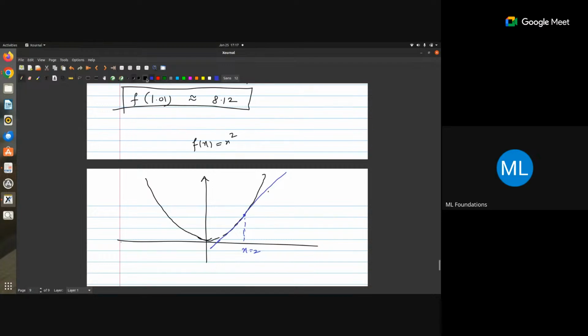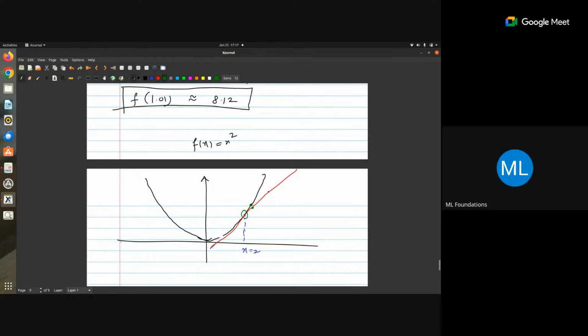When I say linear approximation, you wanted to find the function's value. Maybe I'll just draw it a little bit like this. When we find the approximate function's value at this point, what is the approximate value if I use it around this point?